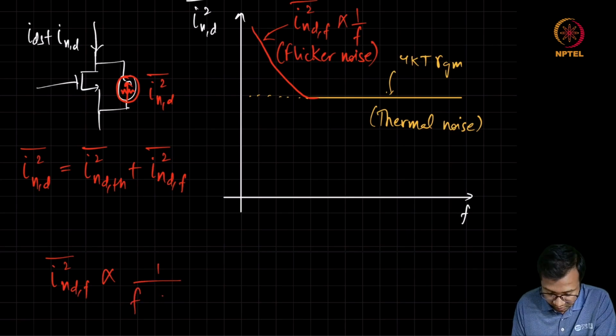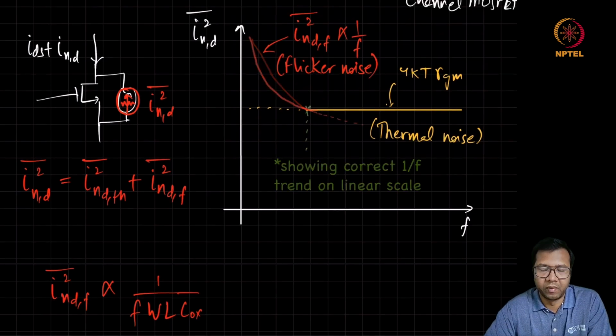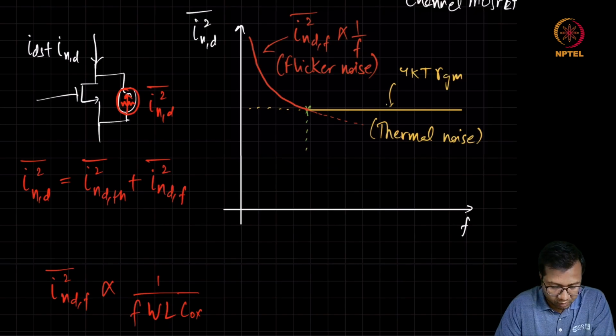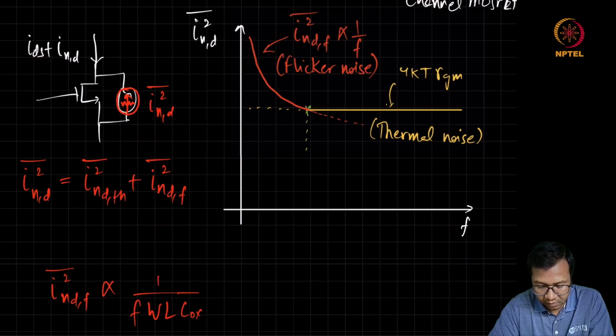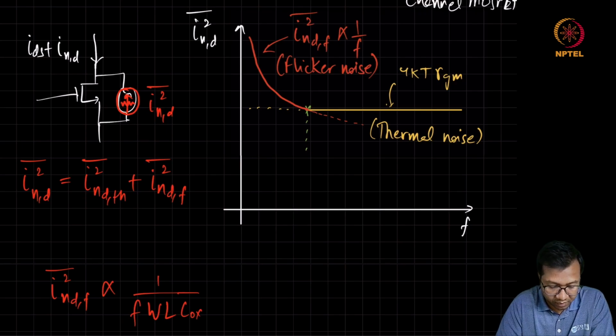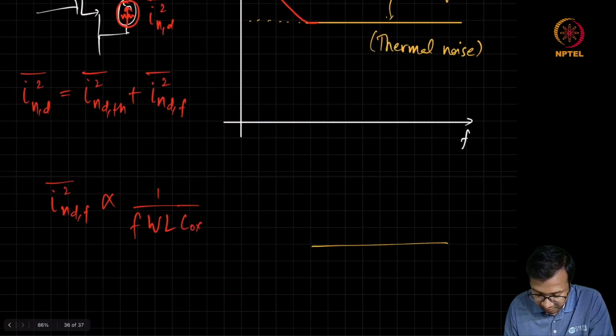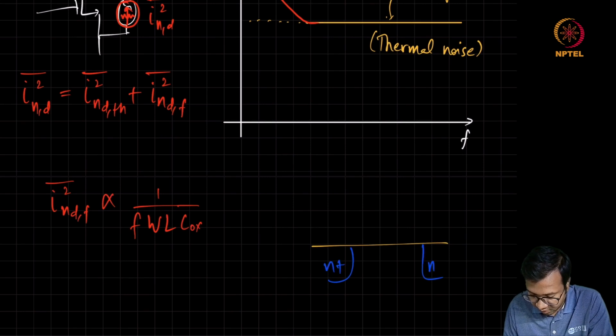In addition to that, it also depends on the area of the MOSFET and Cox, which is the capacitance per unit area of the MOSFET. Now the origin of this flicker noise is because of some defects in the interface between the channel and the oxide. So if you look at the cross section of a MOSFET, let's take an example of an NMOS.